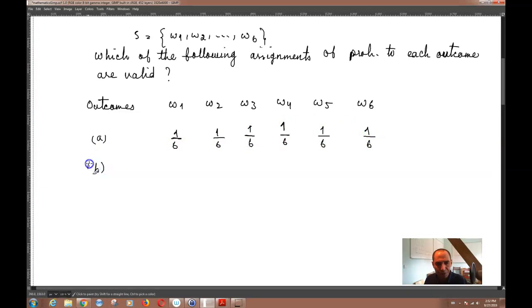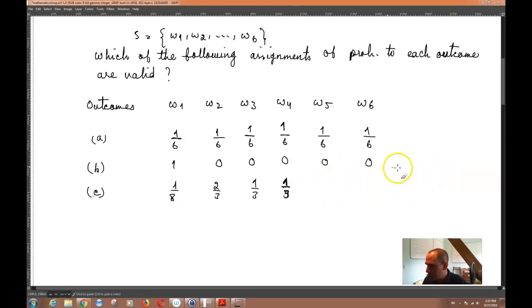B would be, for example, 1, 0, 0, 0, 0, 0. C would be, for example, 1/8, 2/3, 1/3, 1/3, and I'm sorry, there is no 0 there. So 1/3, 1/3, negative 1/4, and negative 1/3.